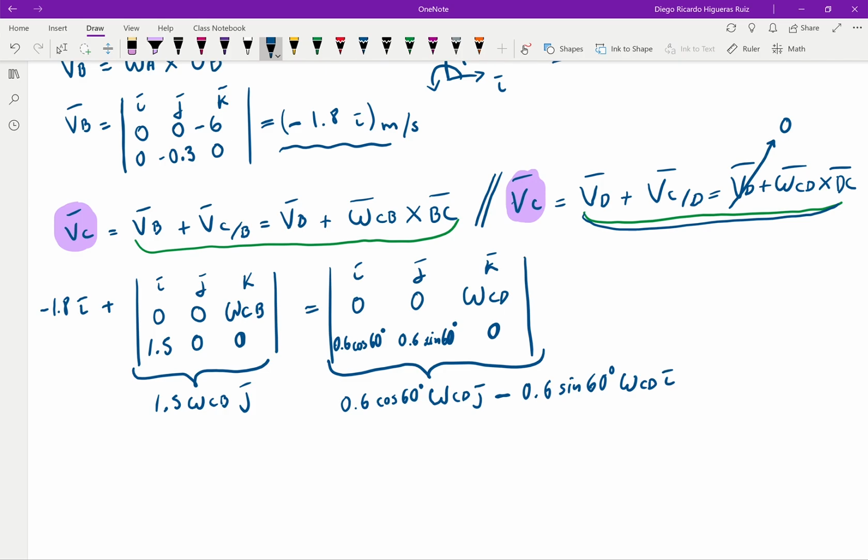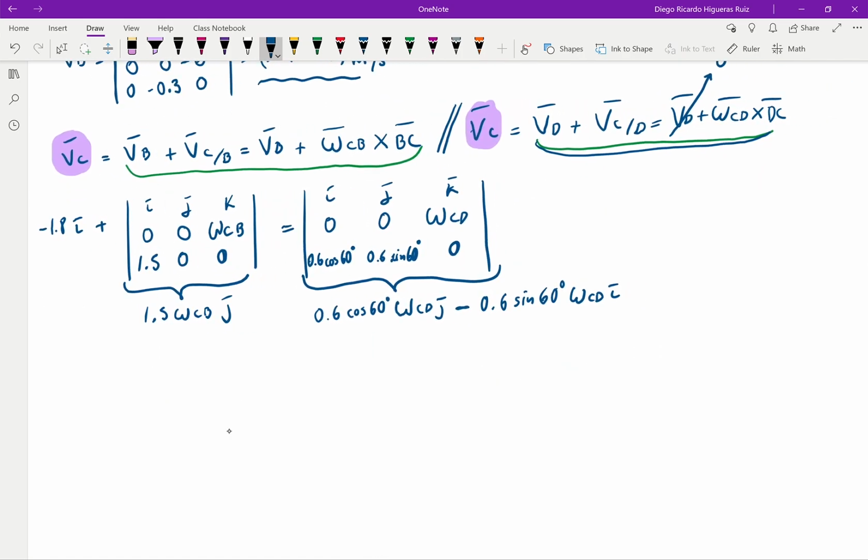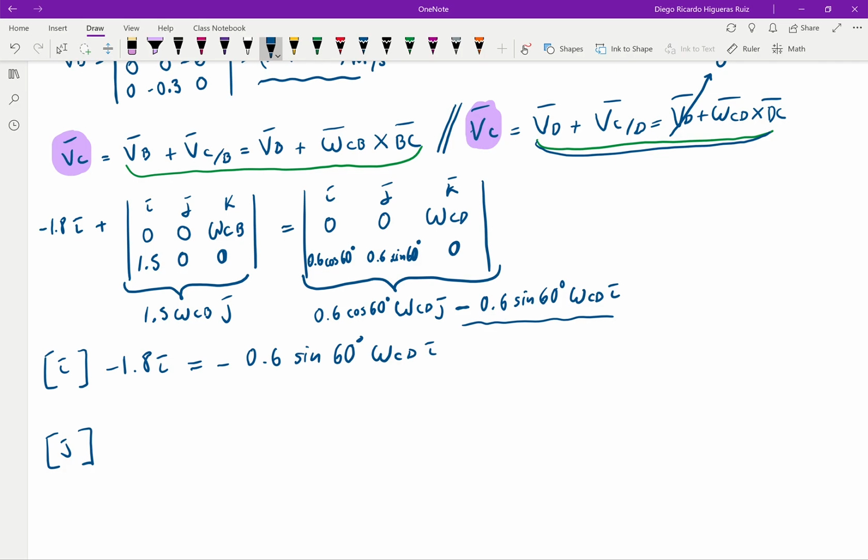I think that's correct. Okay, now as we did before, we are going to decompose in the I and in the J. So in the I, we're going to have minus 1.8 I equal this guy right here, minus 0.6 sine 60 degrees omega CD I. Okay, that's nice because now we have one equation, one unknown.